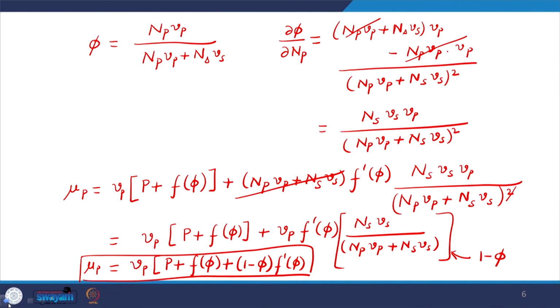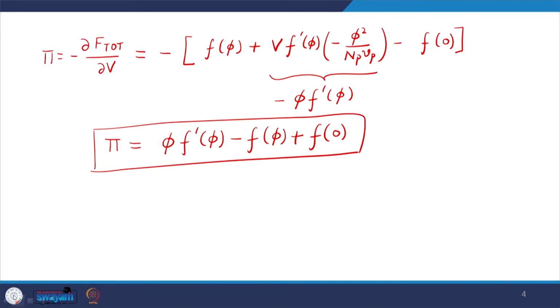The final point I wanted to make is that although I have derived the expression of the osmotic pressure in terms of f of phi, and similarly the expression of chemical potential as a function of f of phi, it is not necessary that I first calculate f of phi and then calculate pi. It can be the other way around. If I have the expression of pi, I can also calculate the expression of f of phi, and the same is true for the chemical potential. If I know the chemical potential, I can use that to find f of phi.